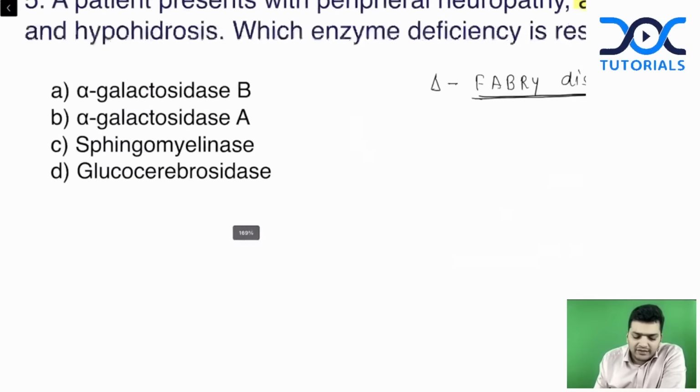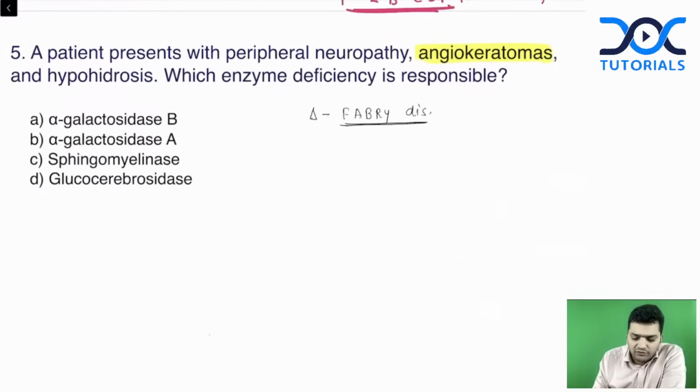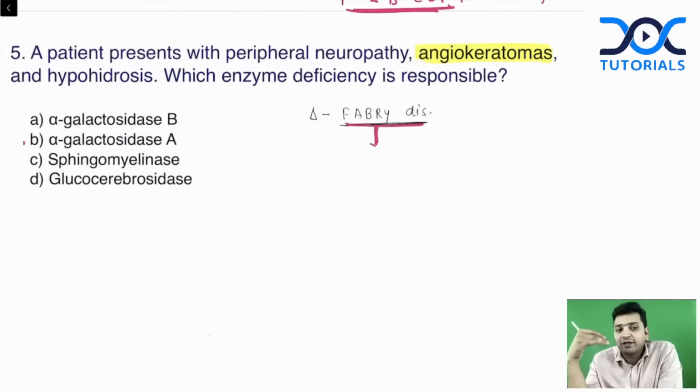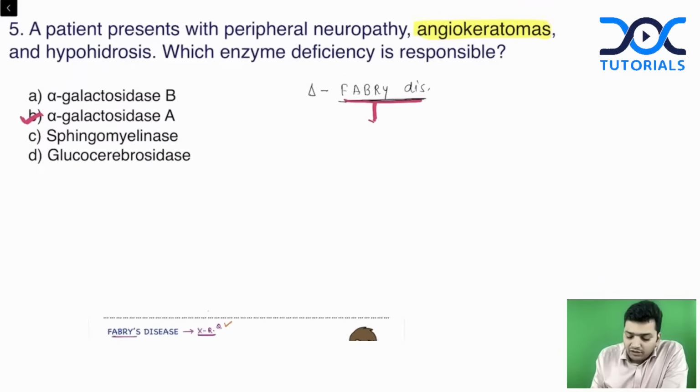So here they are asking, because the word angiokeratoma was there, it's Fabry disease, and Fabry disease is due to deficiency of alpha-galactosidase. So the answer is going to be A, alpha-galactosidase A. Here there are two options written: alpha-galactosidase A and B. Fabry is basically a deficiency of alpha-galactosidase A. There is one similar disease.